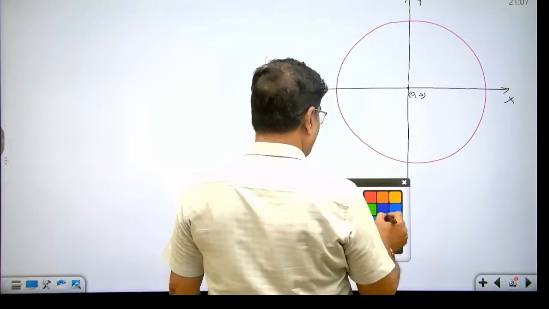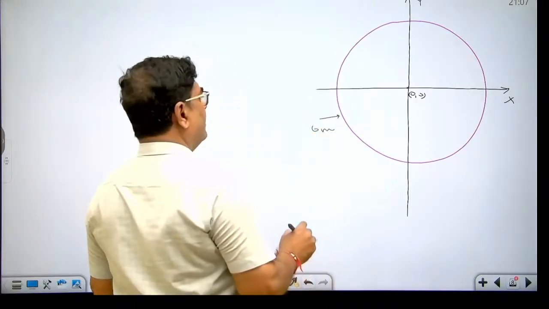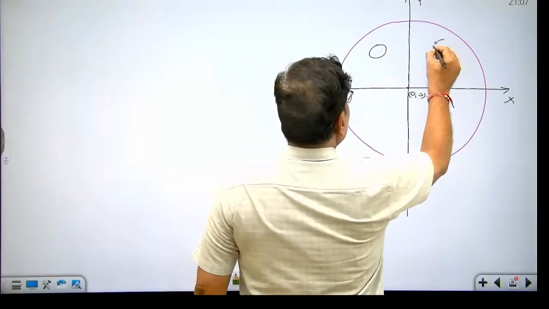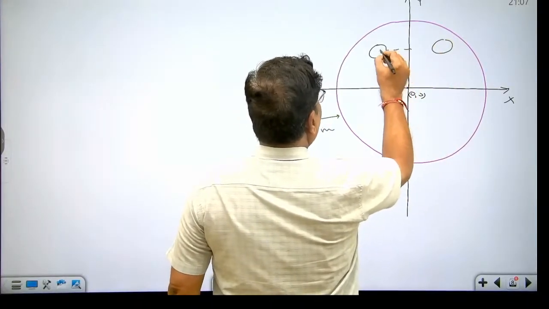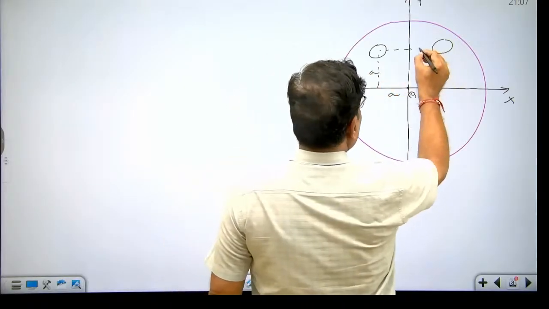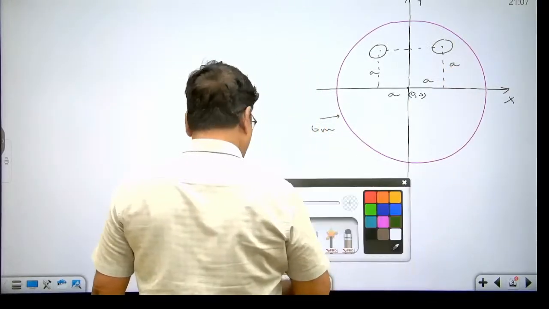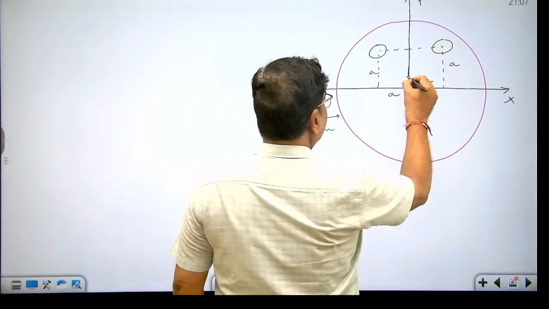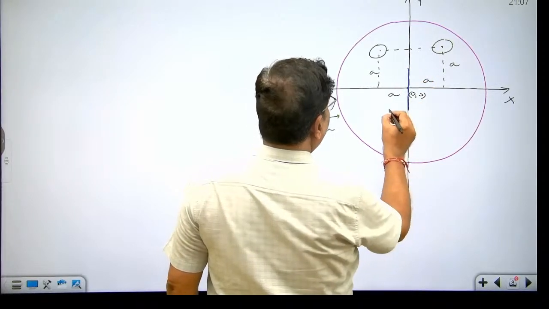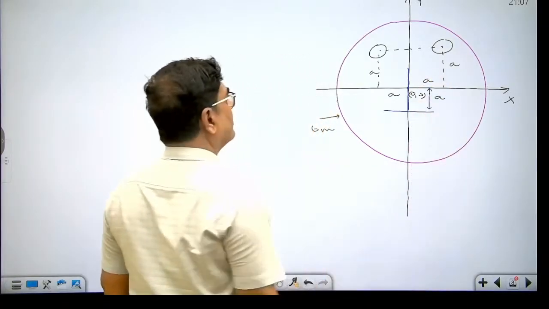Now the mass of the outer circle is 6m, and its coordinate is 0, 0. The left circle and right circle are located at minus a, plus a and plus a, plus a. The vertical line is 0, 0. And the horizontal line is 0, minus a. This is the situation.